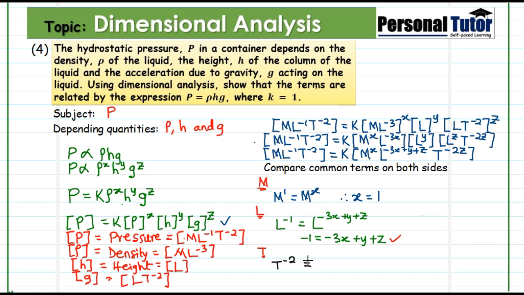On the right hand side, it carries -2Z. They generate an equation like -2 is equal to -2Z. Divide both sides by -2 and Z is equal to 1.